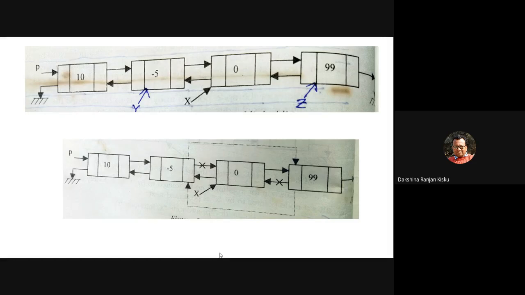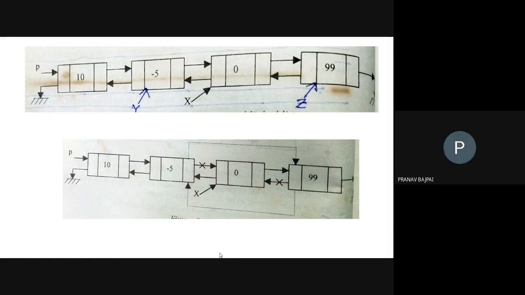Using the free function. Like we did in the single linked list, where we cleared the memory after deletion. Similar to the single linked list, we will clear the memory for the node which is pointed to by x.